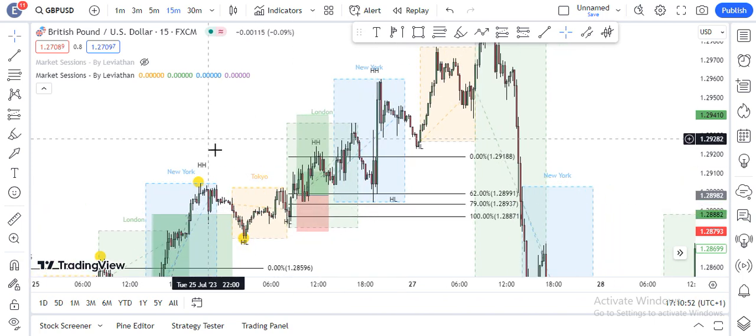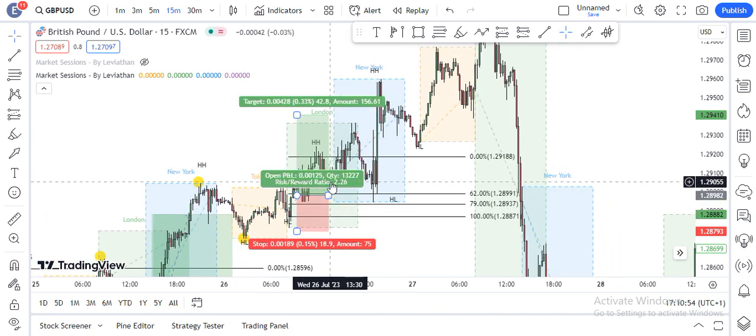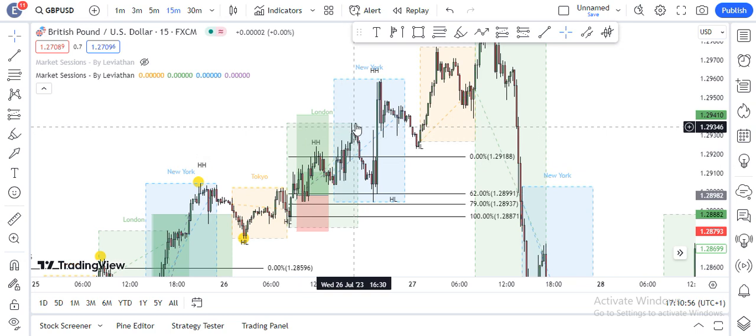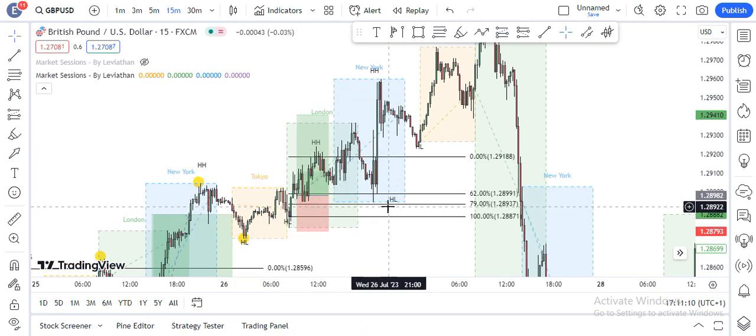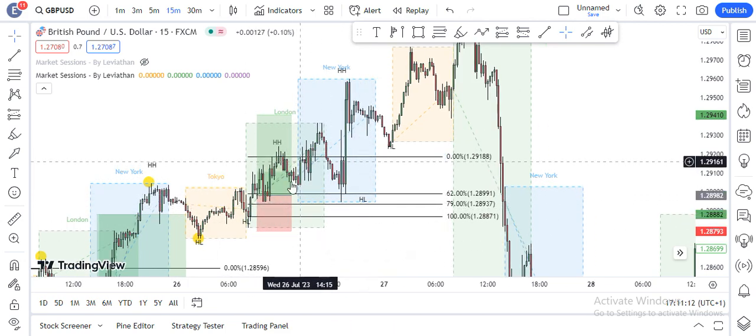Now this is 13:30. 13:30 gave some buys to the upside, and then 16 hours started this reversal. But no structural point has been broken in this area, so we're still going for higher prices.